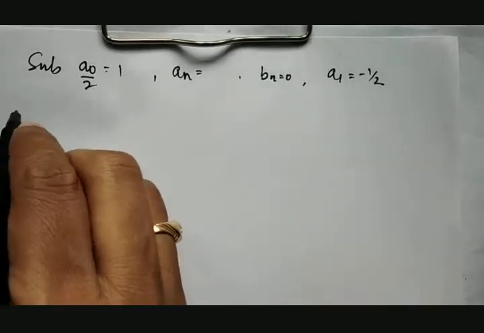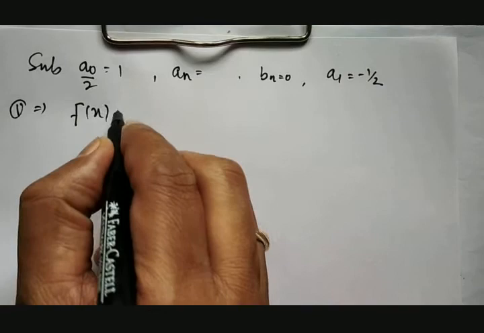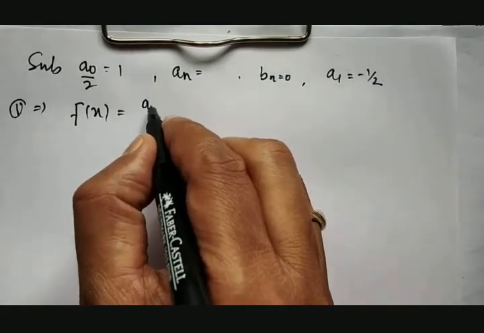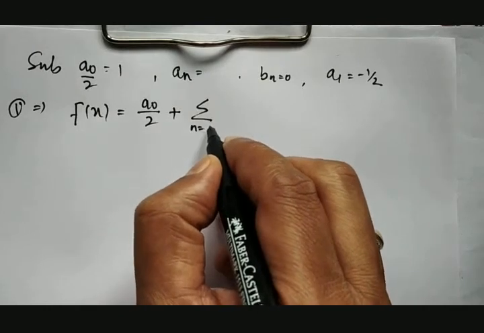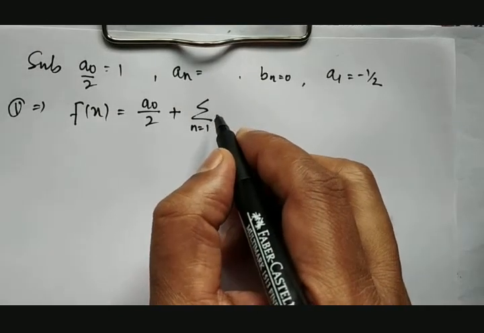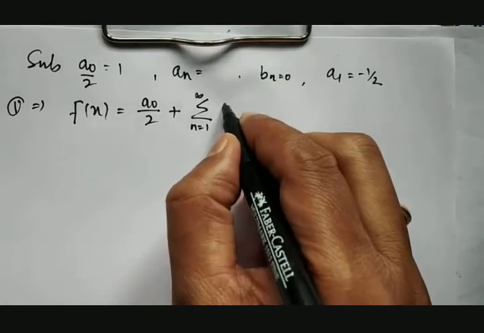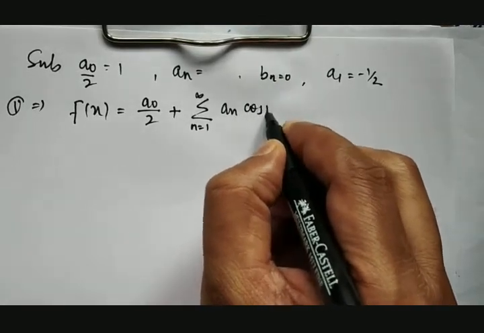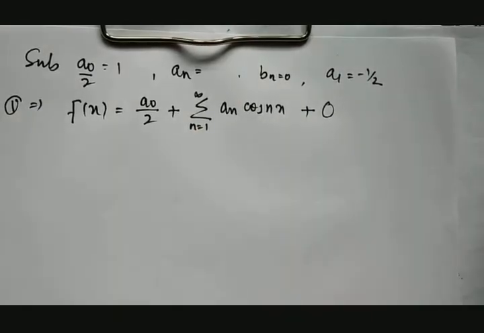Therefore, we'll rewrite equation number 1, which says f of x is equal to a0 by 2 plus summation from n equal to 1 to infinity of an into cos nx plus, since bn is 0, this becomes 0.